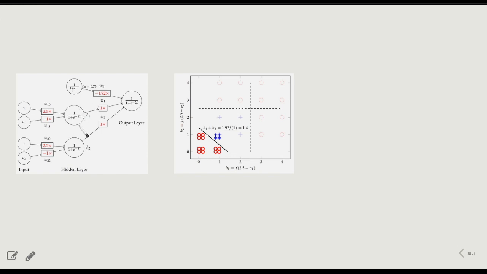The weights here actually also create a cutoff at 2.5 for V1 and V2 with this W0 weight. This is equivalent to transforming the original data points here into the space here where the positive and negative classes can be separated.